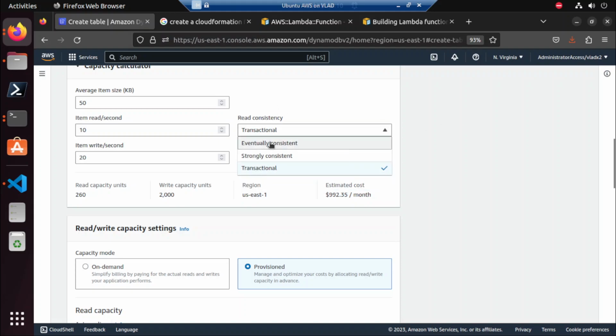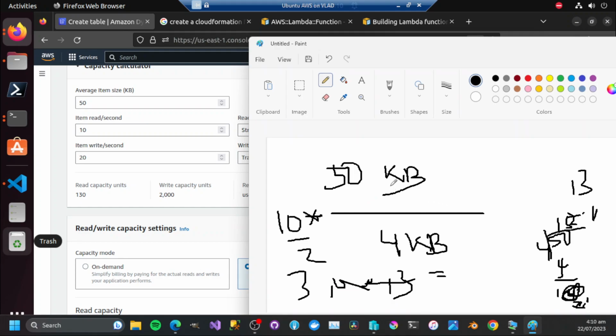If it's strongly consistent, 50 divided by 4 is 12.5, then times 10. 12.5 times 10 is 125.